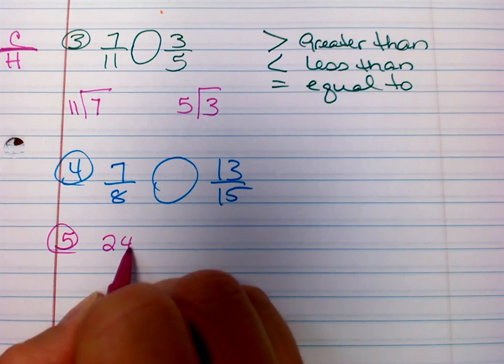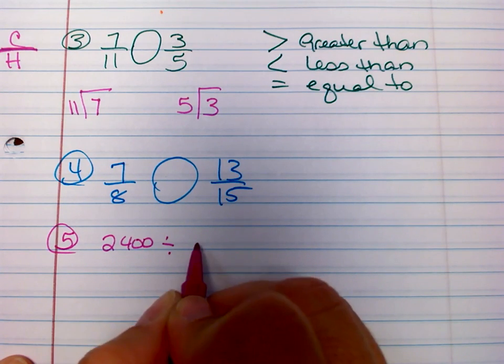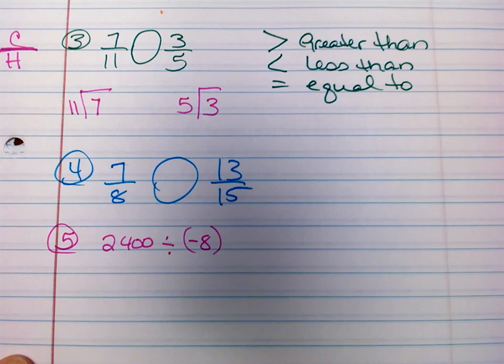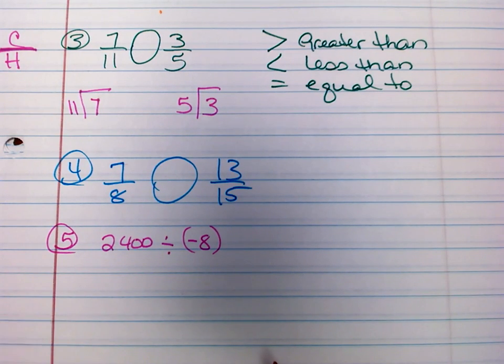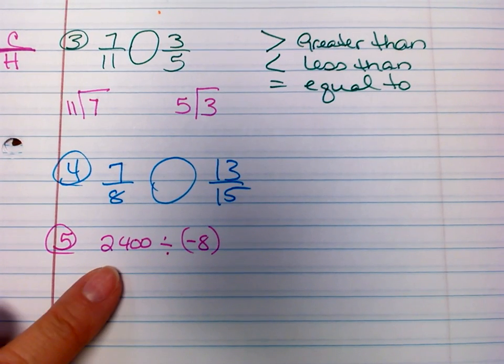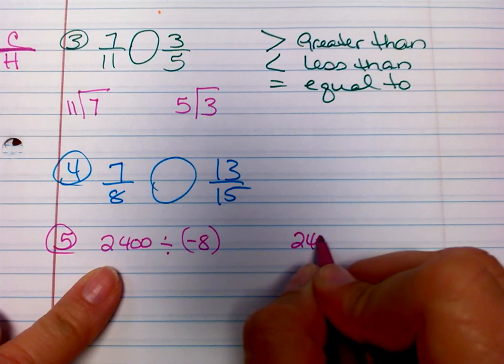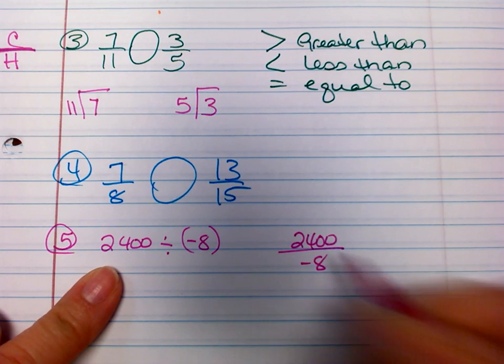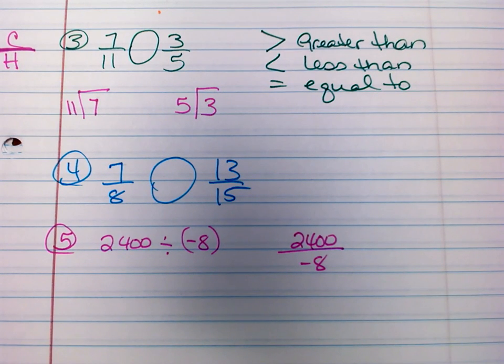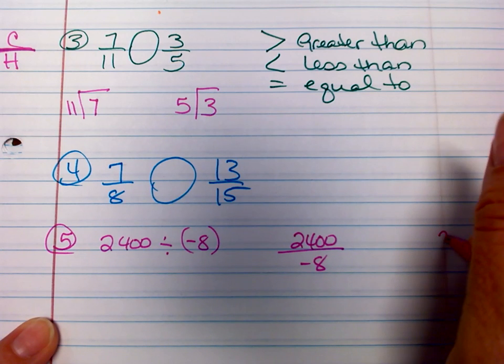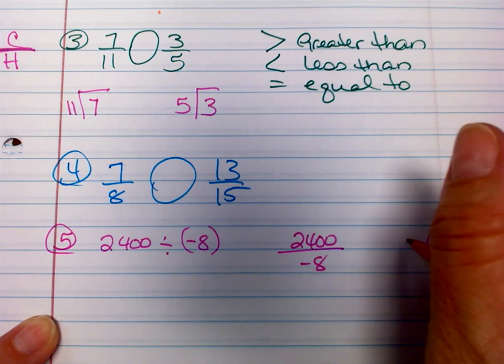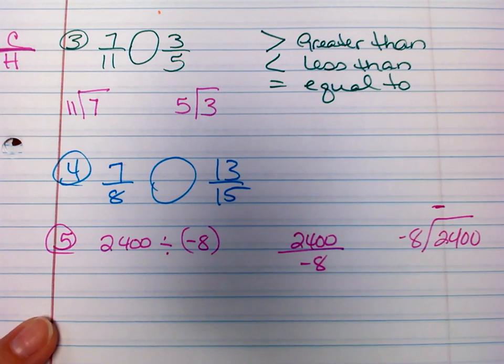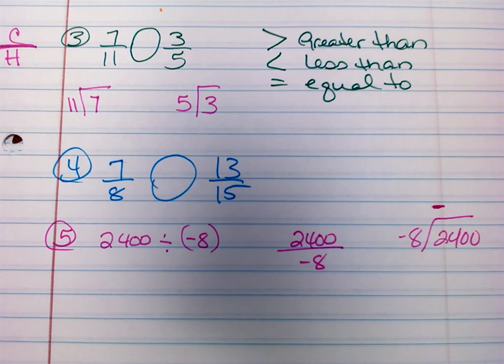We have 2,400 divided by -8. The same way we could write it would be 2,400 divided by -8. So you need to show your work. You know the answer is going to be a negative because there's only one negative. Show your work.